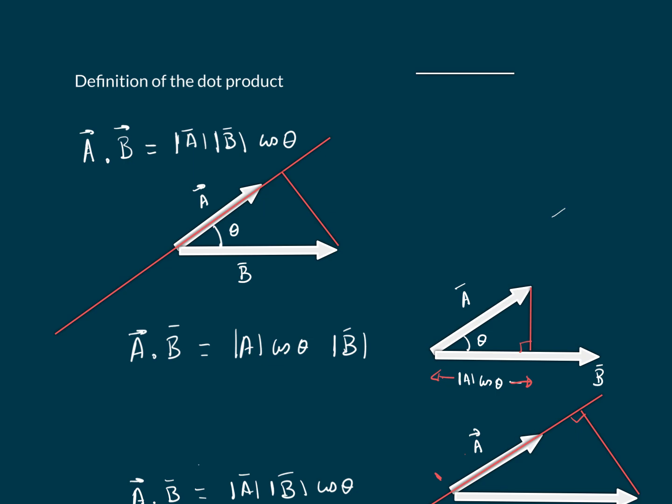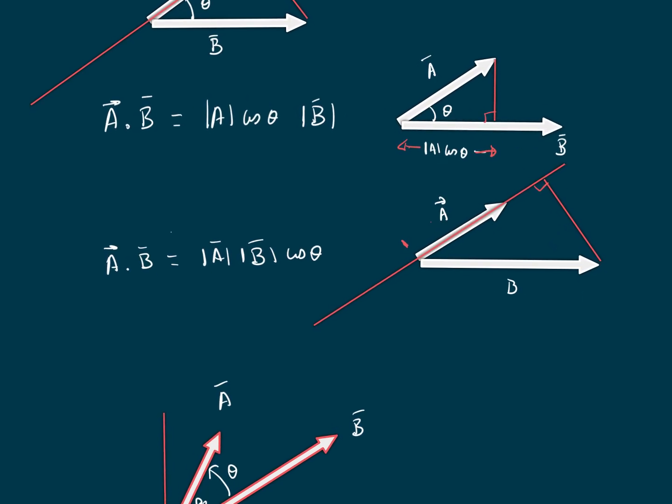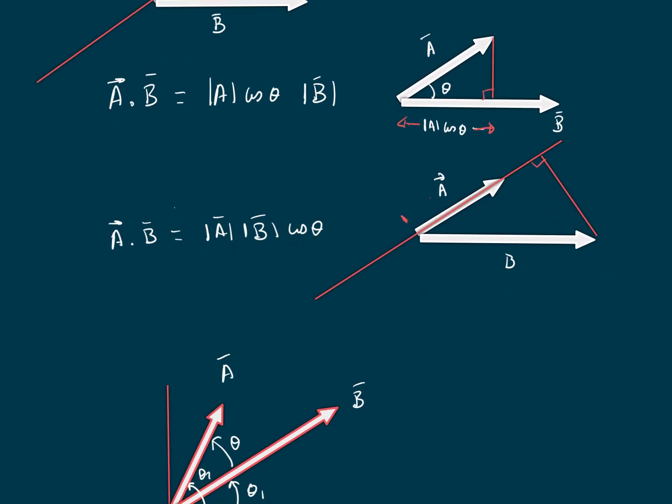The other possibility is to do it in a different order. You can write A dot B as magnitude of A multiplied by magnitude of B cosine of theta. Now consider this term: what is magnitude of B cosine of theta? Magnitude of B is all this length. Cosine of the angle theta projects the length of B perpendicular to A. So magnitude of B cosine of theta is all this length.